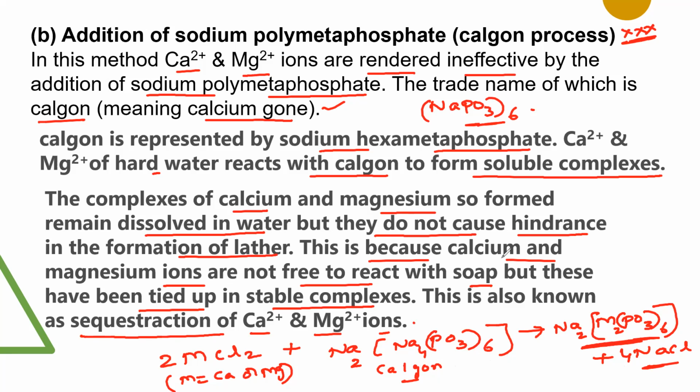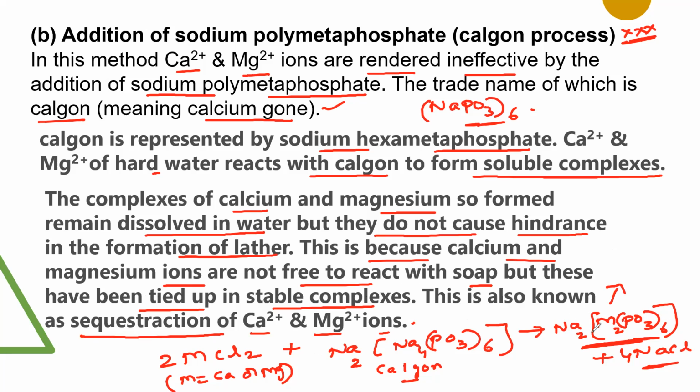This is because calcium and magnesium ions are inside the complex, not free to react with soap, but tied up in stable complexes. This is also known as sequestration of calcium and magnesium ions.